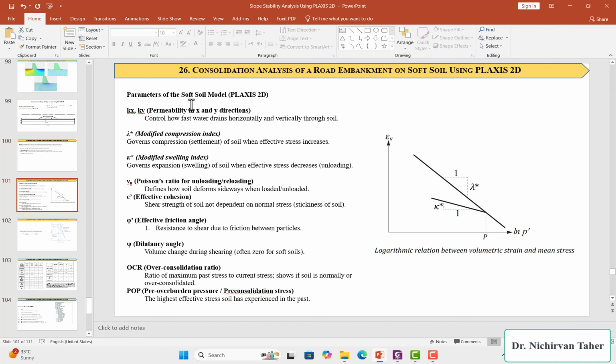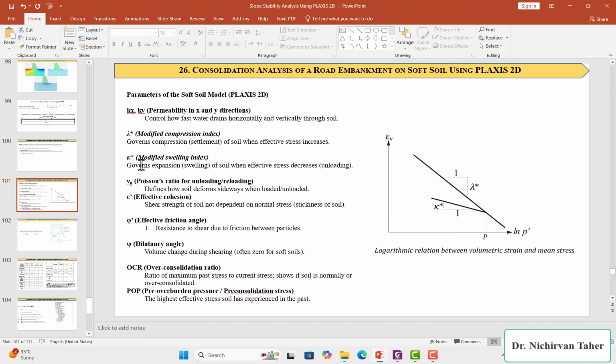And the important parameters of a soft soil model are listed here. We have permeability, vertical permeability and horizontal permeability. These are very important parameters for a soft soil model because they control how fast water drains horizontally and vertically through the soil.